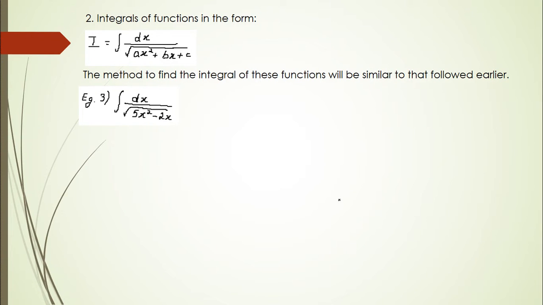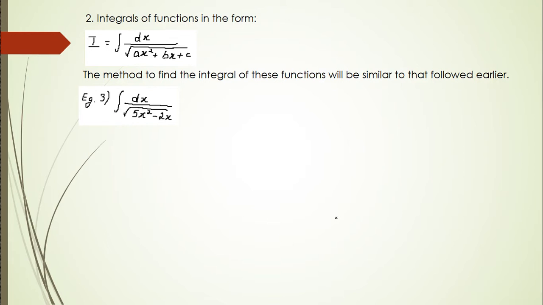Now we will find that some integral functions are in the form of integral of dx by root of ax square plus bx plus c. Now the method that we use for solving these is very similar to that we had followed earlier.